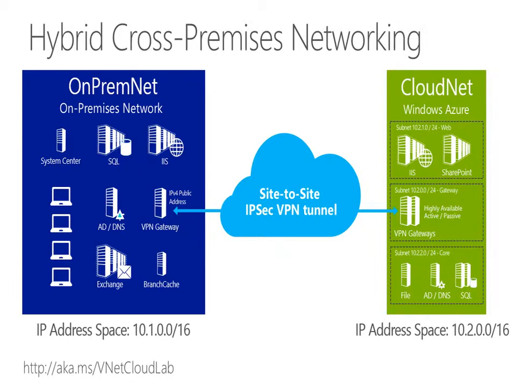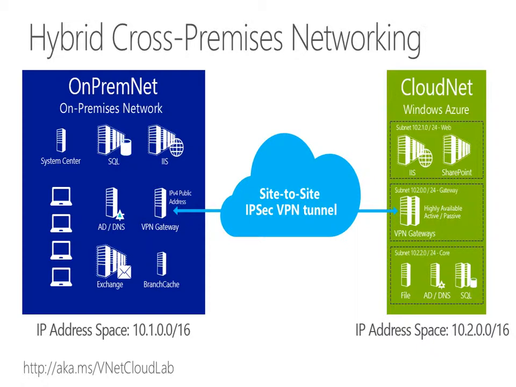And then finally, as part of our initial planning criteria, hybrid cross-premises networking also often comes into play, where you may have an existing on-premises private cloud of resources, and rather than only running public-facing, internet-facing web applications up on your public cloud platform like Windows Azure, you may want to leverage the resources that are part of Windows Azure, part of that public cloud platform in our global data centers.